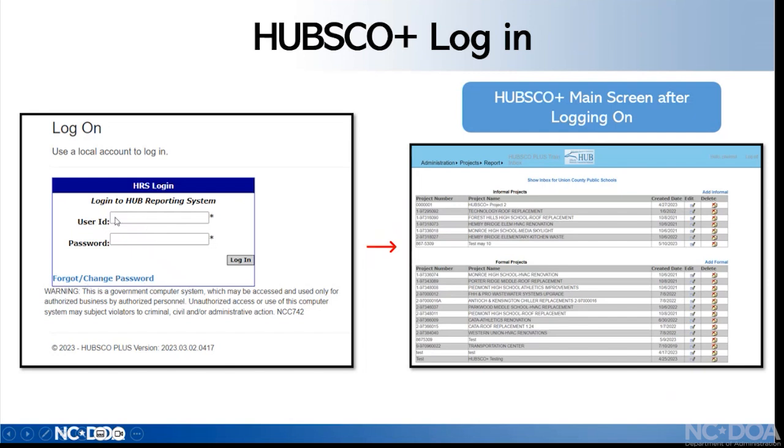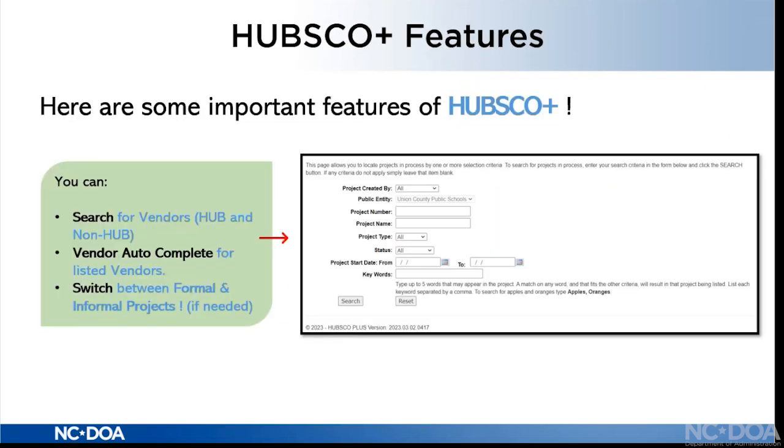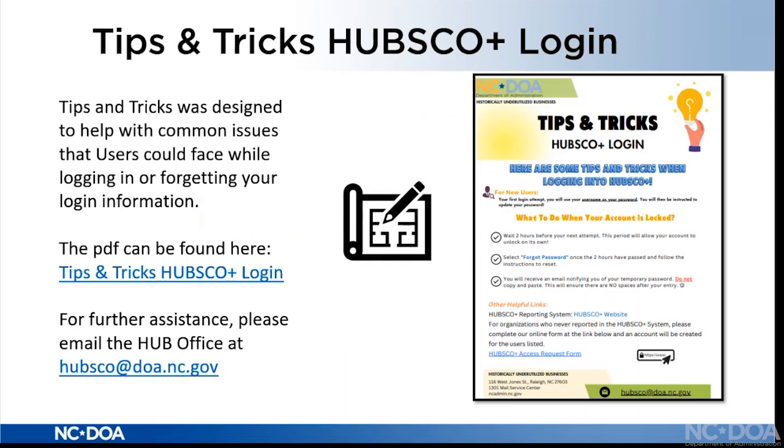If you put in your user ID and password, hit login, and it says that's not right and doesn't get you to this screen, go ahead and choose forgot change password, and it will email you something to verify that it's actually you requesting this. It'll go to the email in your profile in HUBSCO Plus, and you can reset your password there. But again, the HUB Office staff do not have the ability to reset your password anymore.